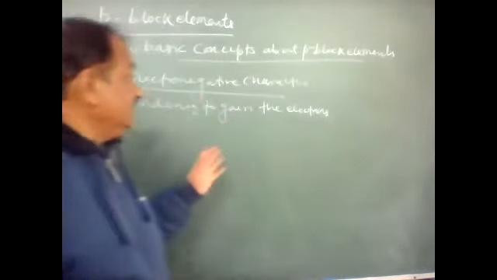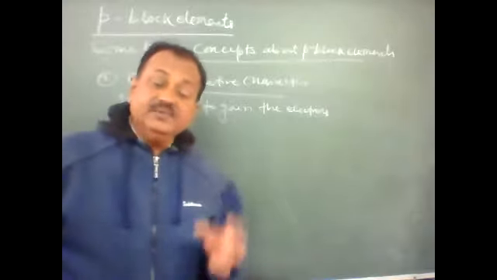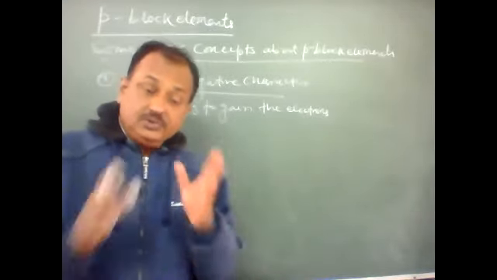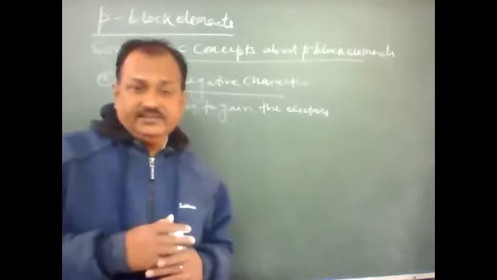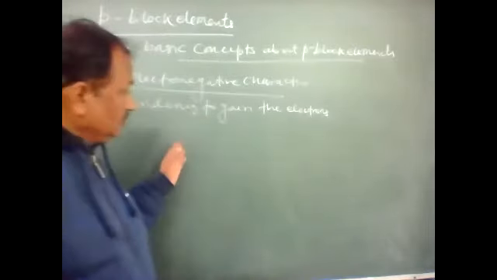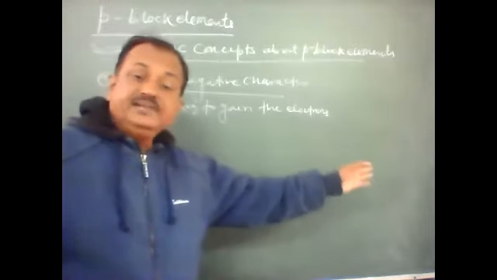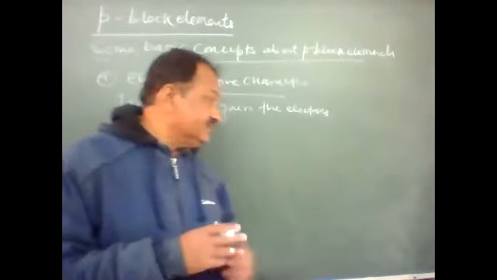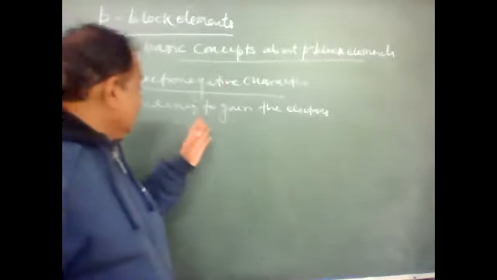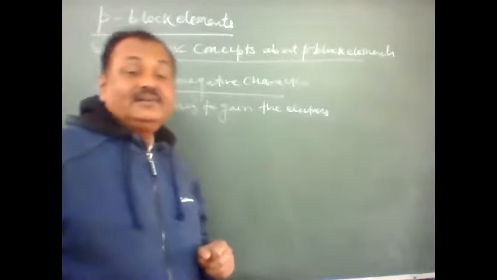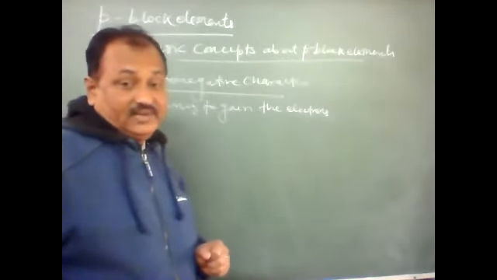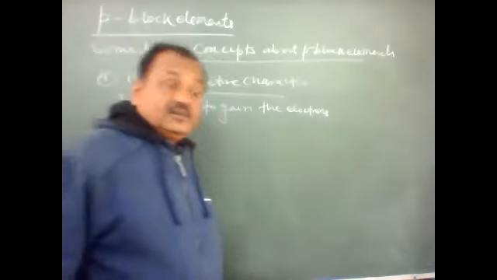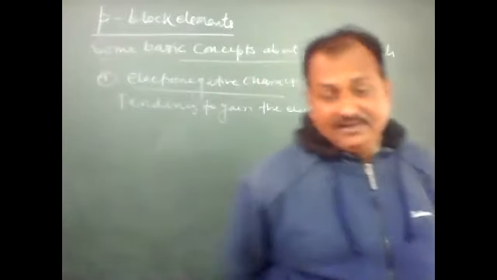The non-metals have the tendency to gain the electrons because non-metals have a smaller size. And as you know, as we move from left to right in a period, the atomic size decreases. So when atomic size decreases, there is an increased tendency to gain the electrons, and this is called electronegative character.